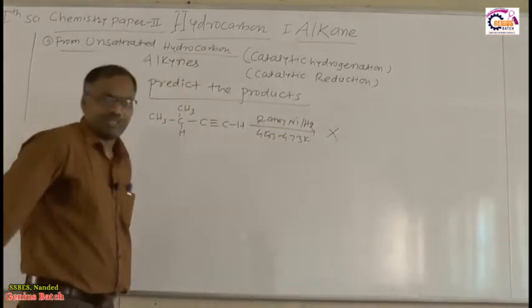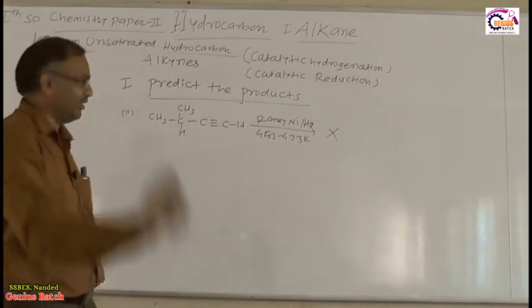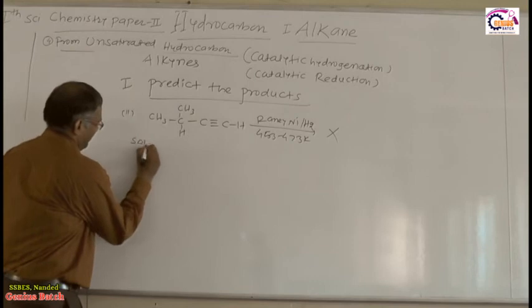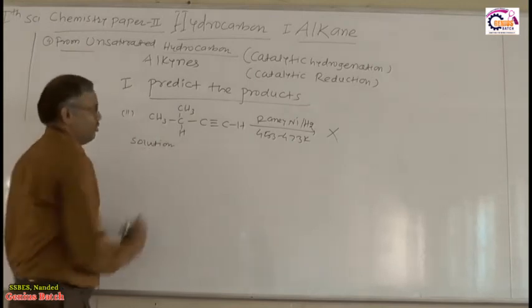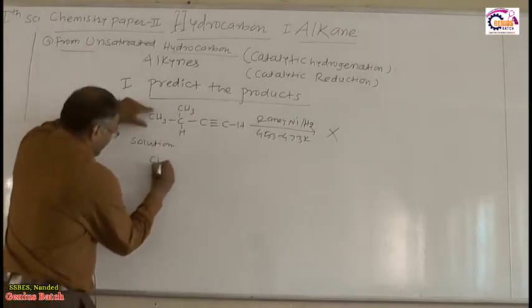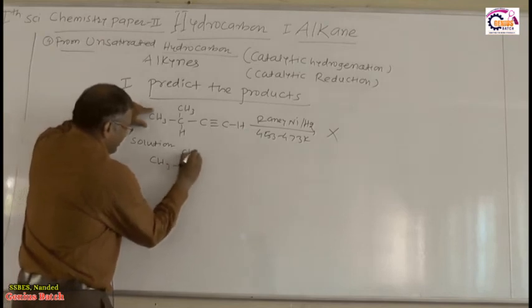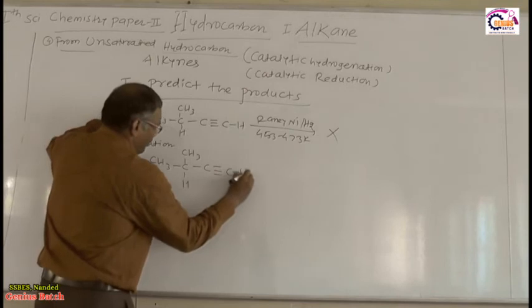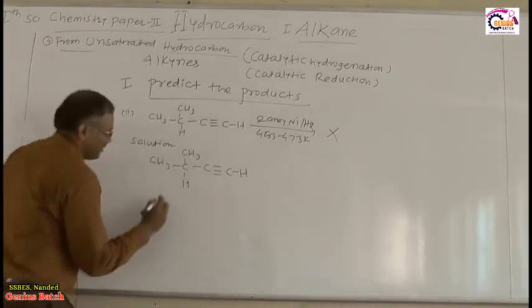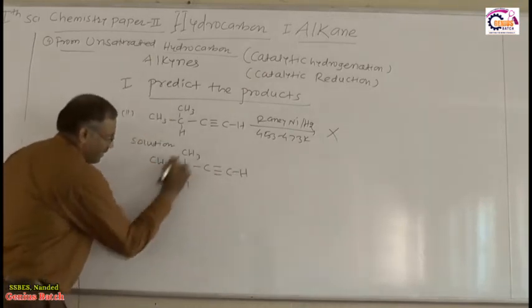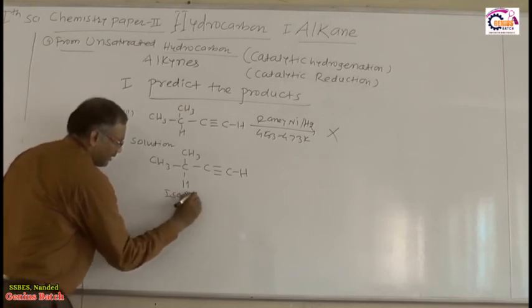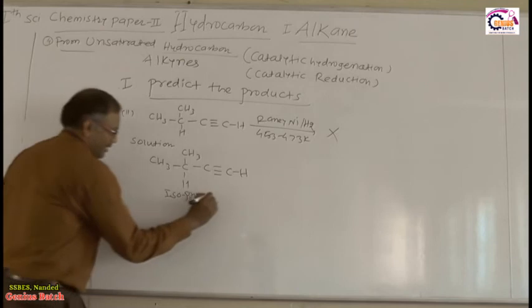The question is like this. Now you have to solve it. So this is the solution. This is the CH3, then this CH3, H carbon triple bond carbon hydrogen. What is the name of this compound? First write the name of the alkyl group. The name of the alkyl group is isopropyl.